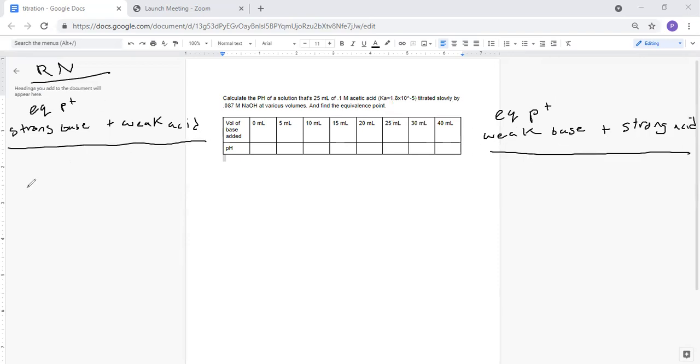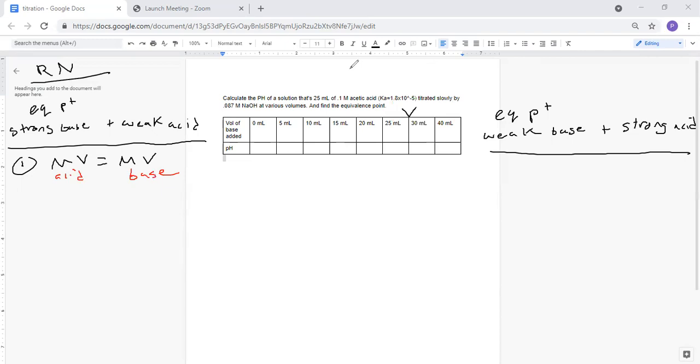So first here, what we did is we found the volume, and we did that by using this equation: MV equals MV, but here is acid and here is base.